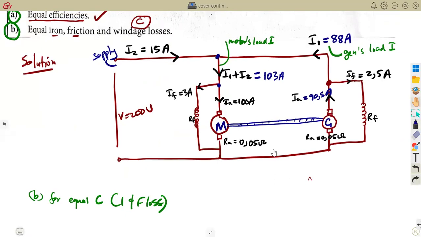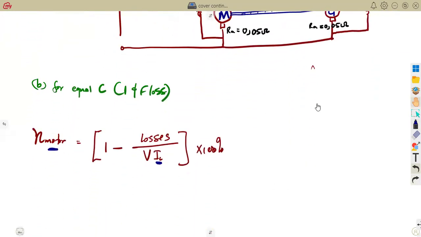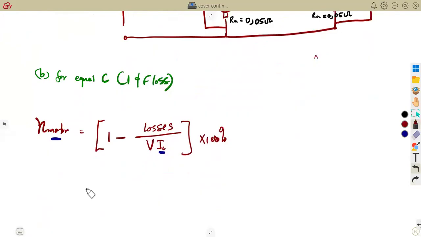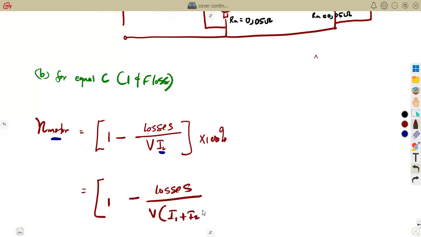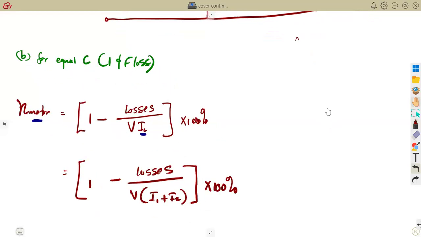So that is why you see this formula being adjusted, now written as 1 minus losses like this over V, since the load current to the motor is given as I1 plus I2. You end up having your formula like this. So I explained these formulas, guys, in the introductions. So make sure that you go through the introductions. I think it can help.